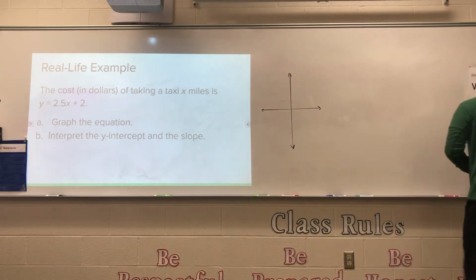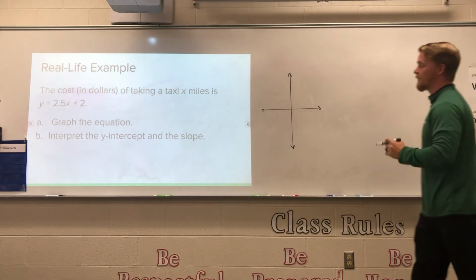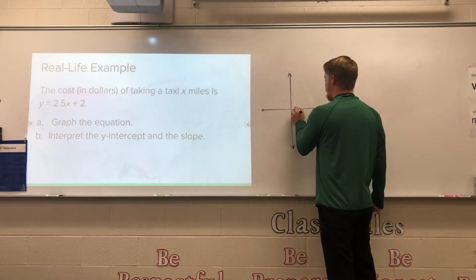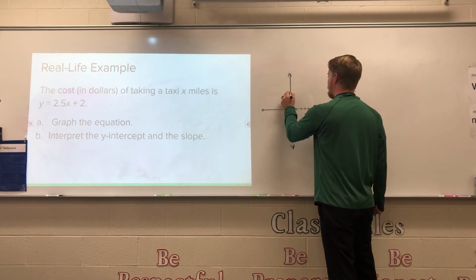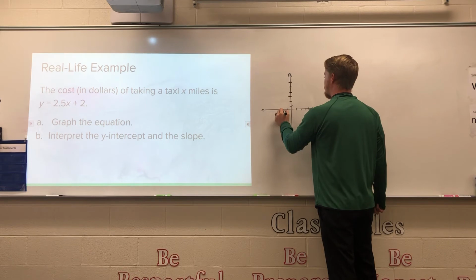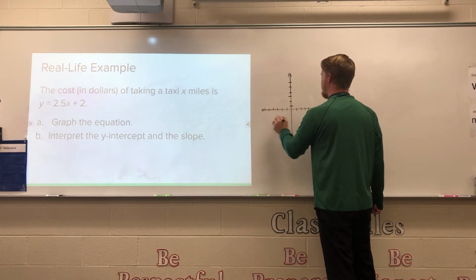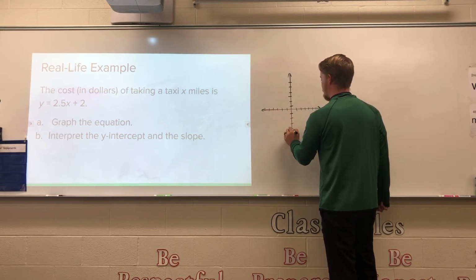So first thing it wants us to do is graph it. We have 1, 2, 3, 4, 5, 6. 1, 2, 3, 4, 5, 6. Negative 1, negative 2, negative 3, negative 4, negative 5, negative 6. And same thing at the bottom.